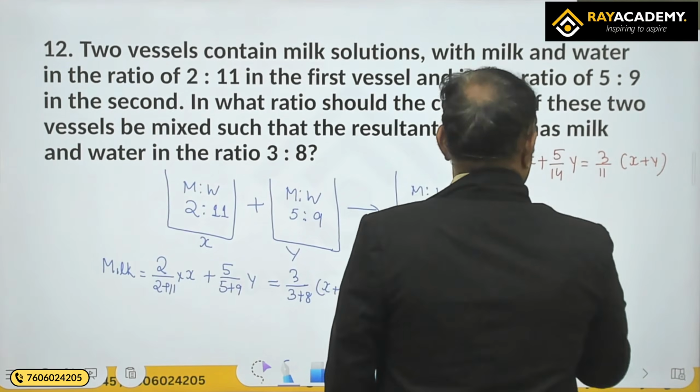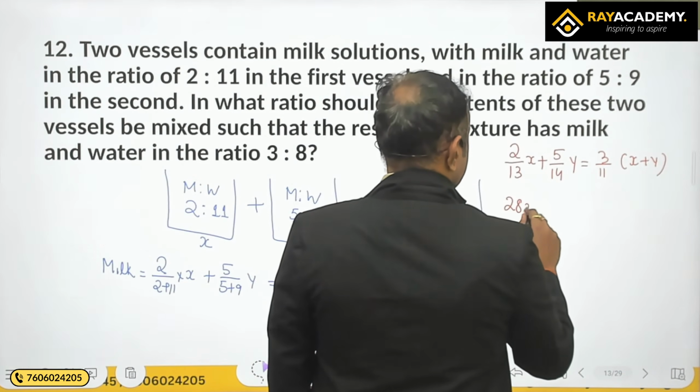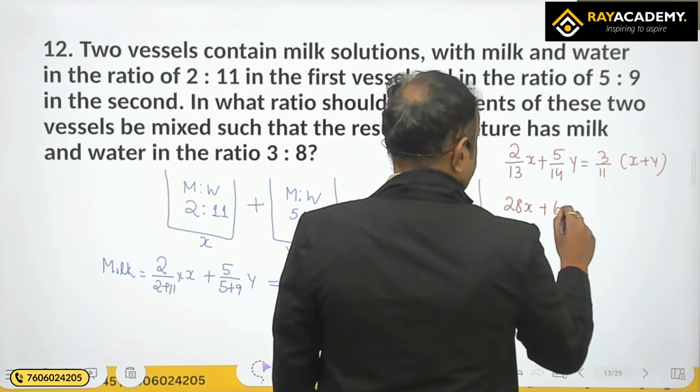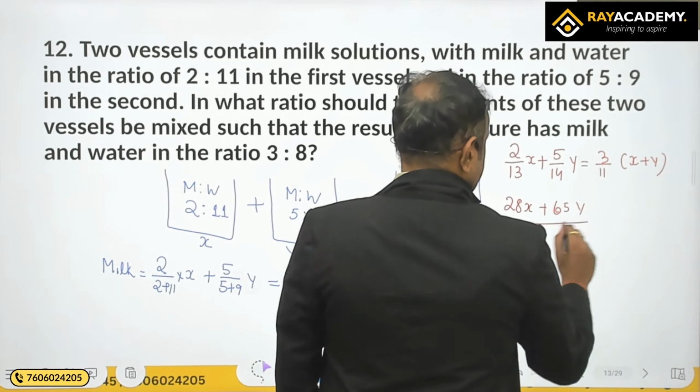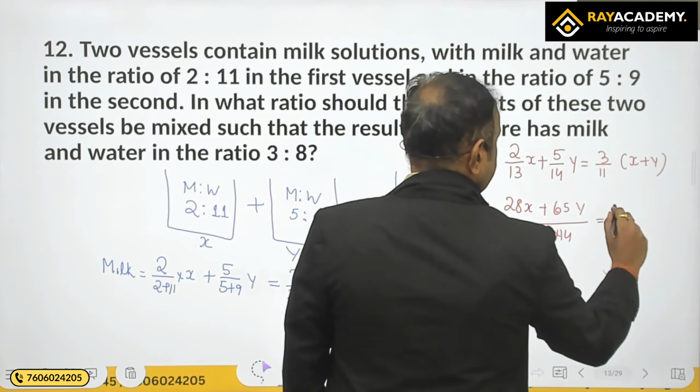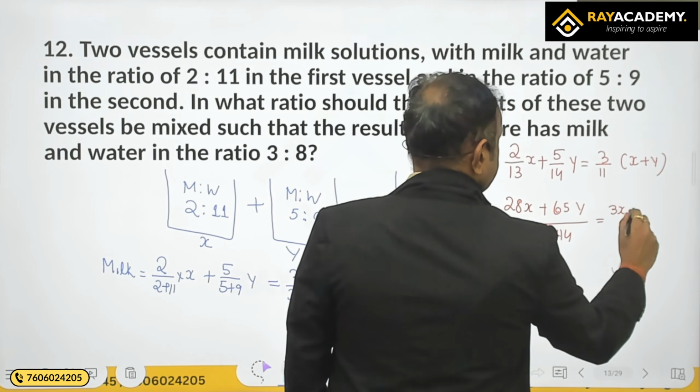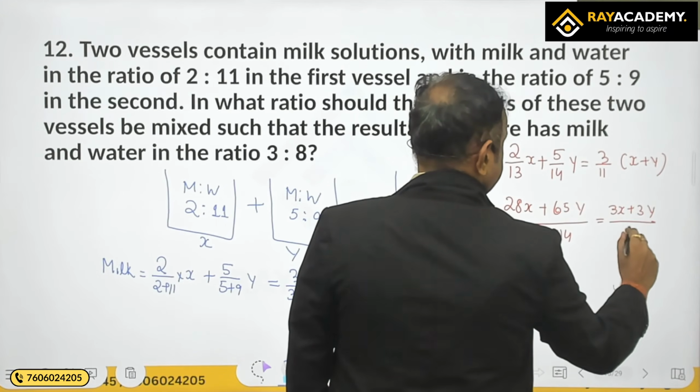Okay, so (28x plus 65y) divided by 13 into 14, LCM of 13 and 14, is equal to (3x plus 3y) divided by 11.